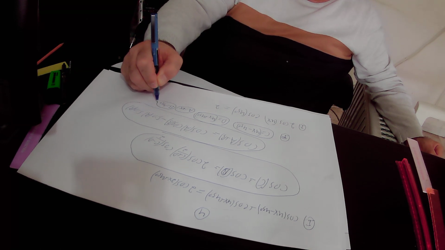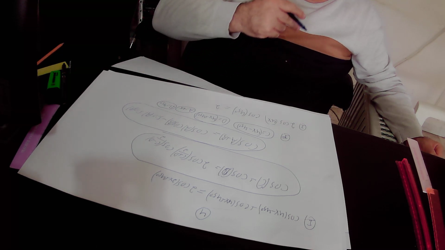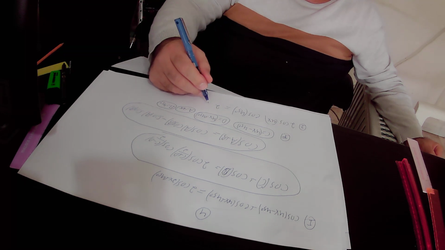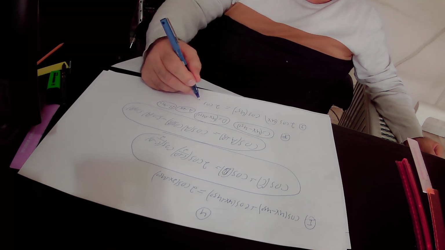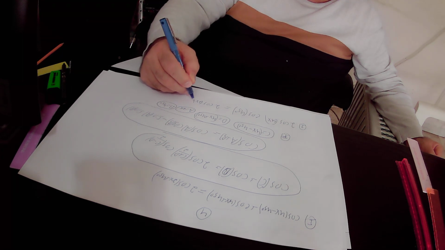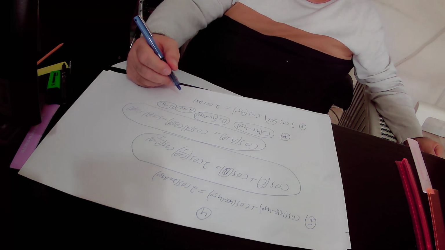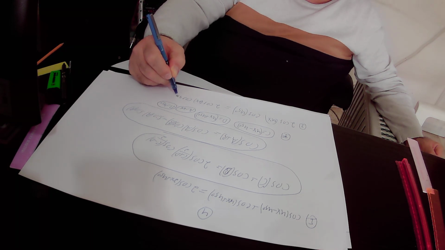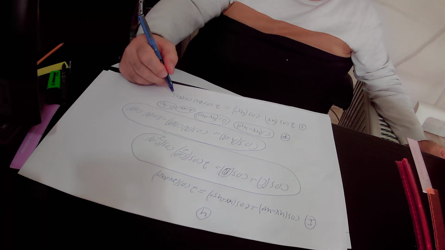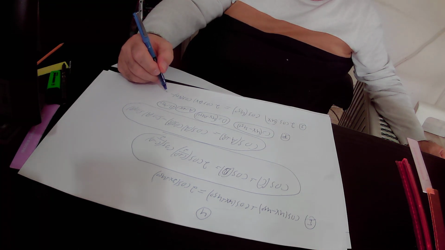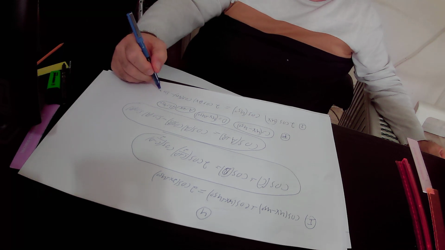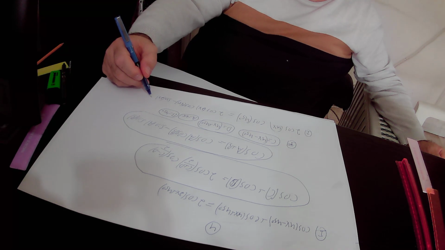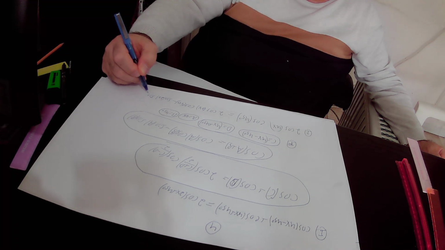According to the identity for cosine A plus B, it equals cosine 2x times cosine 45 degrees, minus sine 2x times sine 45 degrees.